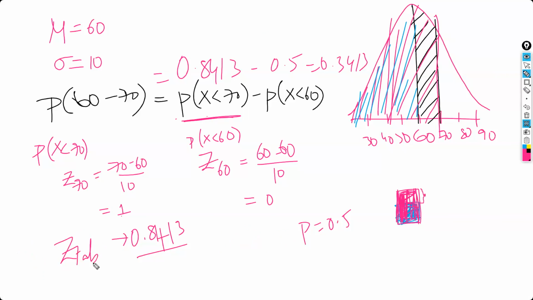From the Z table, this is the value. And since you got two values, you are just going to subtract the bigger one minus the smaller one. Others, whoever has raised the hand, is the question clear? Anyone has any question, please ask one more time.